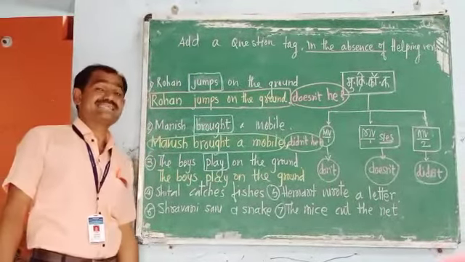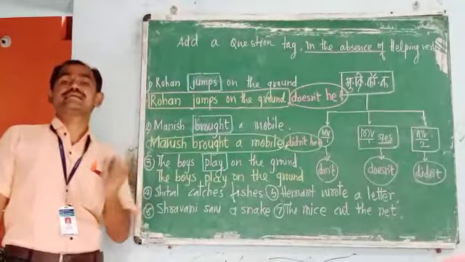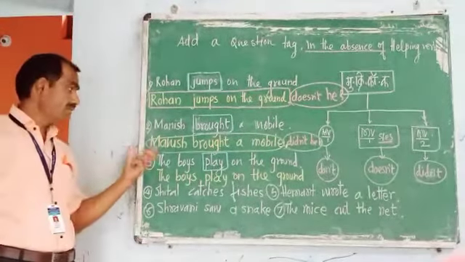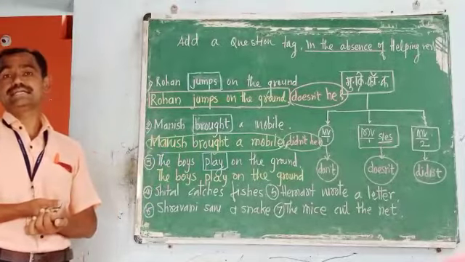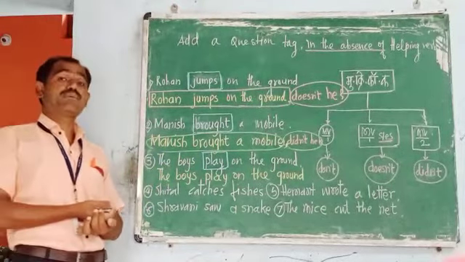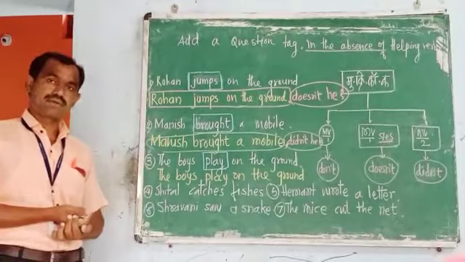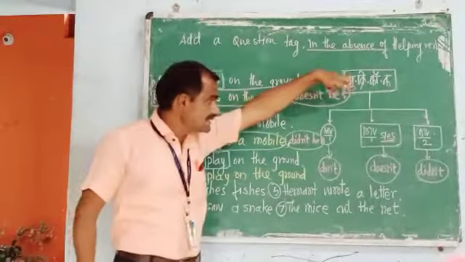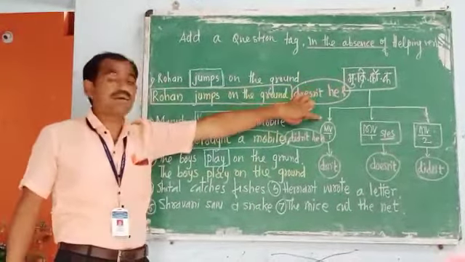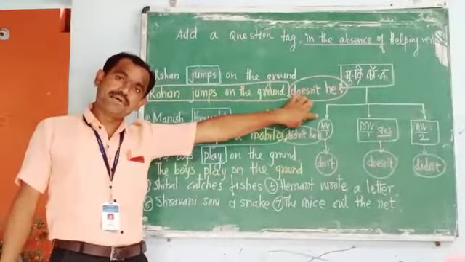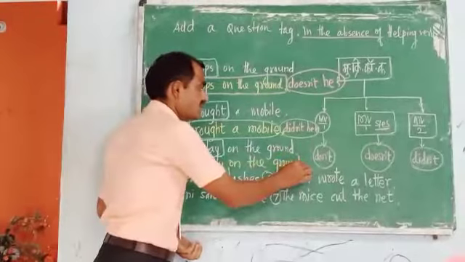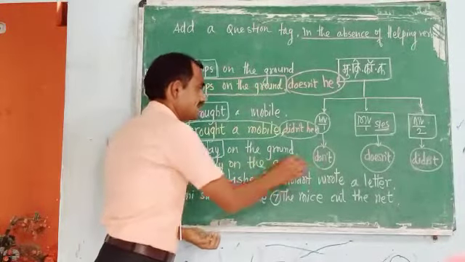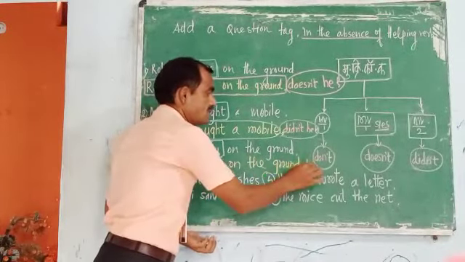Now let's turn towards the third example. If you glance through the third example, you can view that there is a presence of first form of the main verb. Our rule suggested if there is a presence of the first form of the main verb, we need to use don't. So there's no doubt don't is essential and you can use don't here.